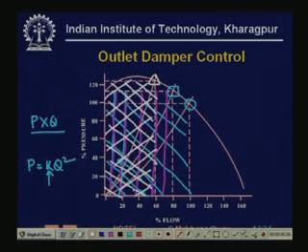So you can very well see what the difference is if you move from this operating point to this operating point. What is the difference in energy? This part is common between them. Can you see that? So this is common.